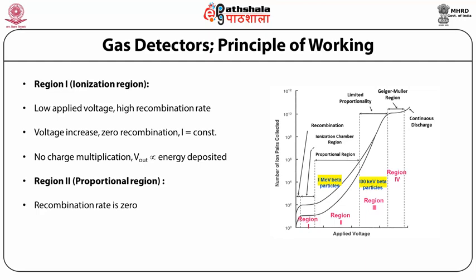That is, the biasing voltage is sufficient enough to collect all the electron ion pairs generated in the detector. In this case, we can say that the number of ion pairs collected increases as a function of applied voltage. The curve is shown for 1 MeV beta particle.